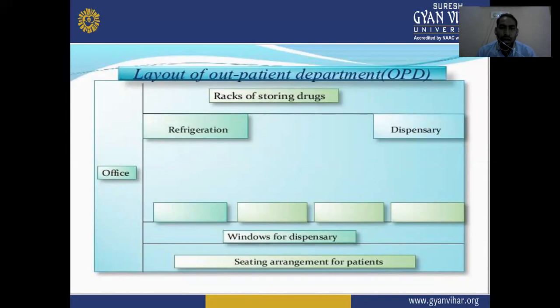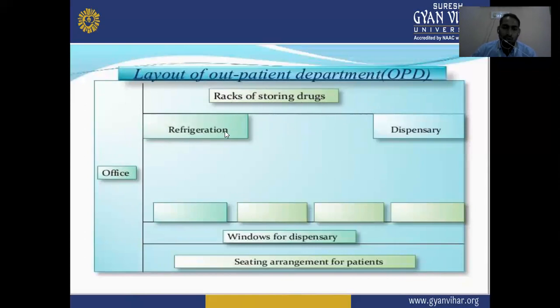Layout of the outpatient department, OPD. This one is the office area, and this is the area for racks for storing drugs.